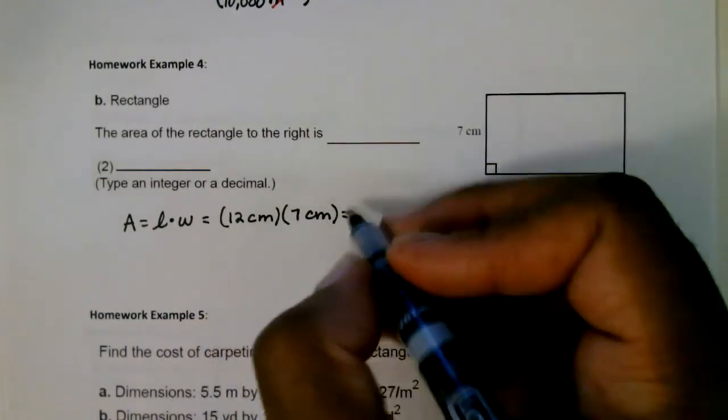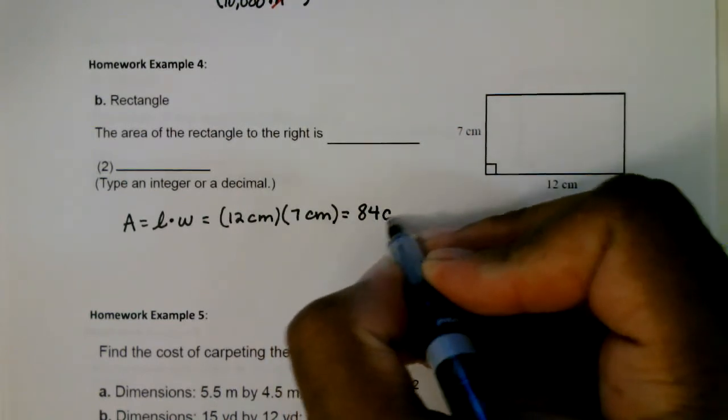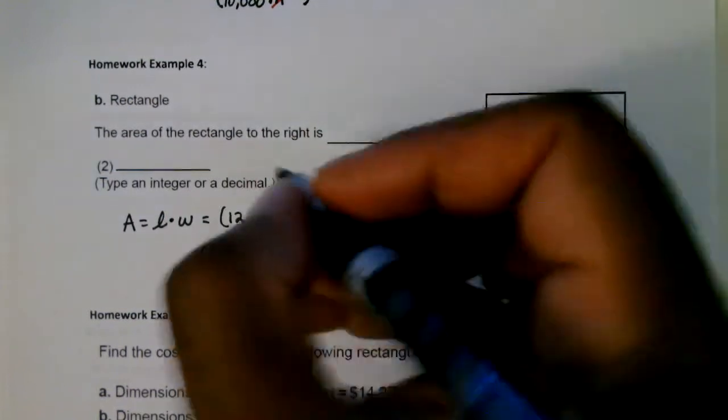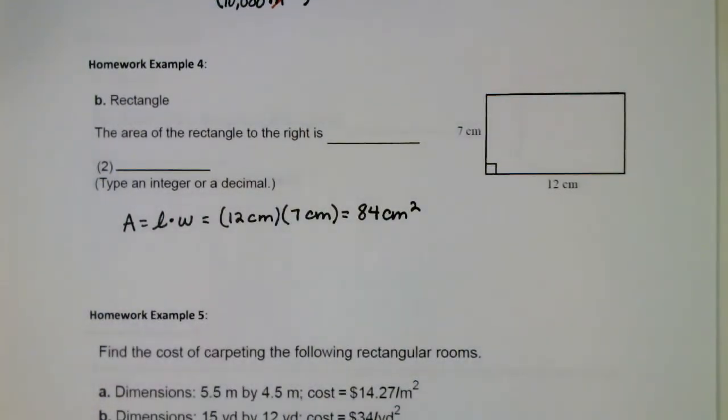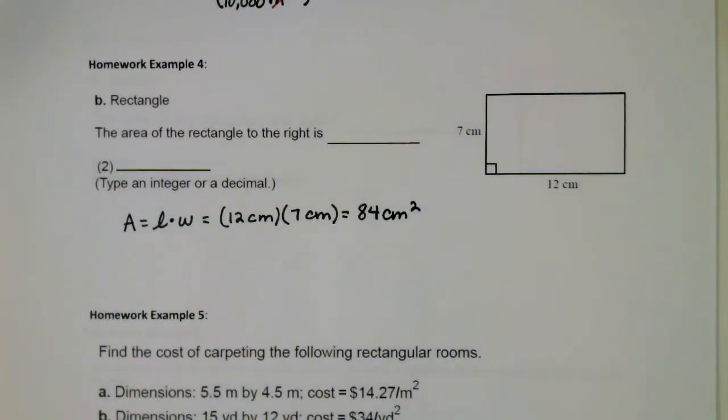So 12 times 7 will be 84, and it's going to be in square centimeters. So the area is 84, and then here they're going to give you a drop-down menu for the choice of answers, which will be 84 square centimeters. Because you've got to keep in mind that the area is always going to be in square units. So it has to be square centimeters for this example.